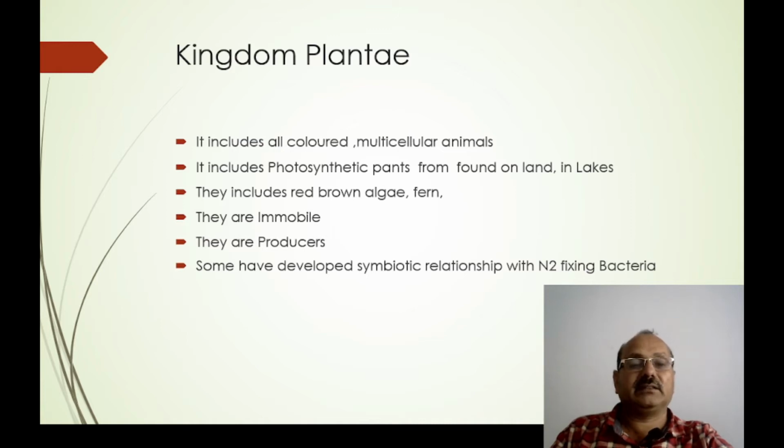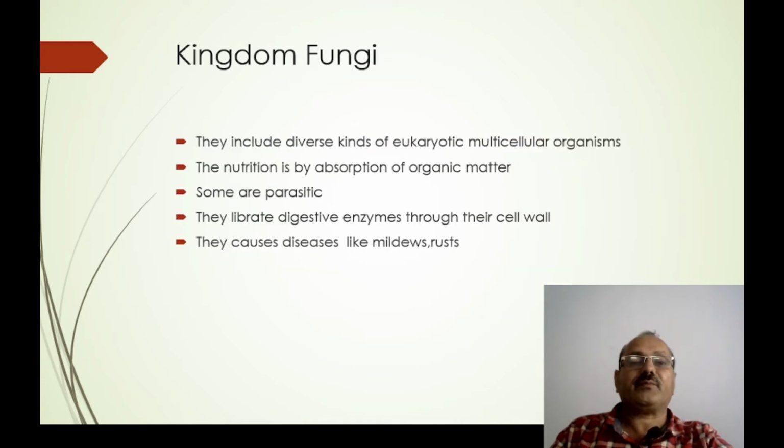They can't change their locality. They are producers because, due to the presence of chloroplast pigment, they can prepare their own food materials. Some have developed a symbiotic relationship with nitrogen fixing bacteria. But there are some plants that are heterotrophic.